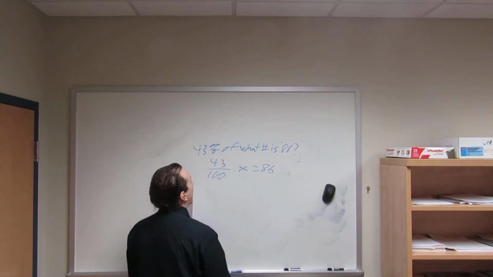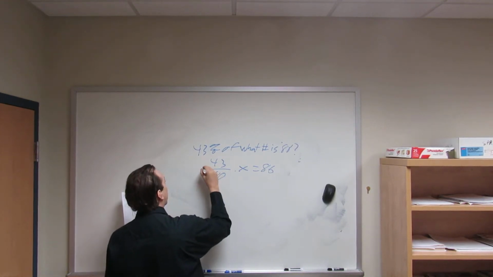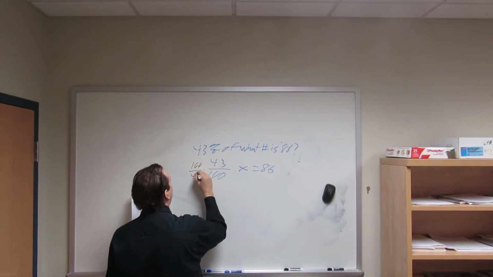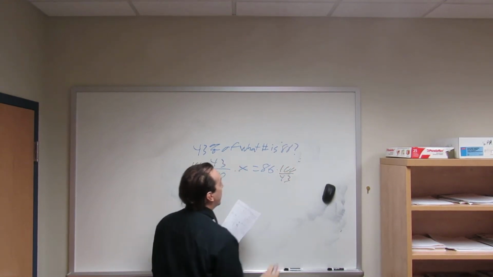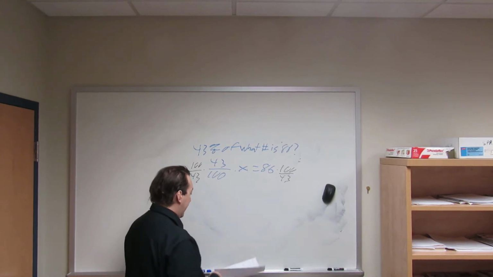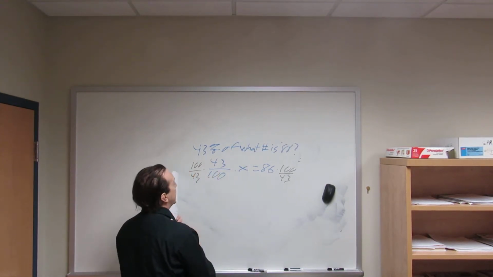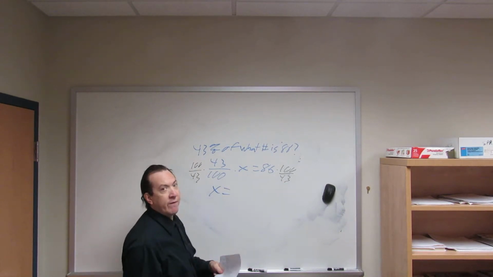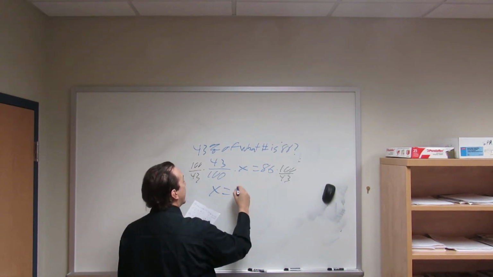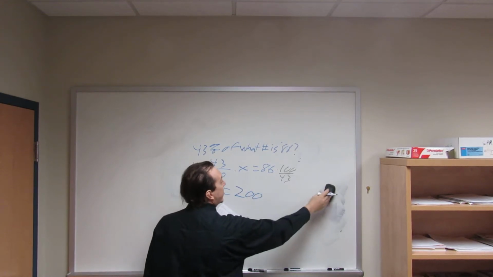Just multiply both sides by the reciprocal, which is 100 over 43. This side, they'll cancel each other. So we have X equals 86 divided by 43 is 2 times 100 is 200.